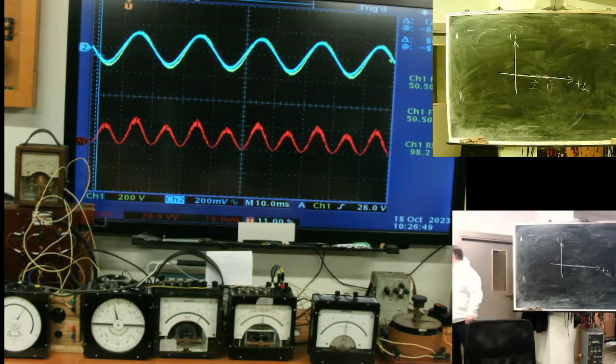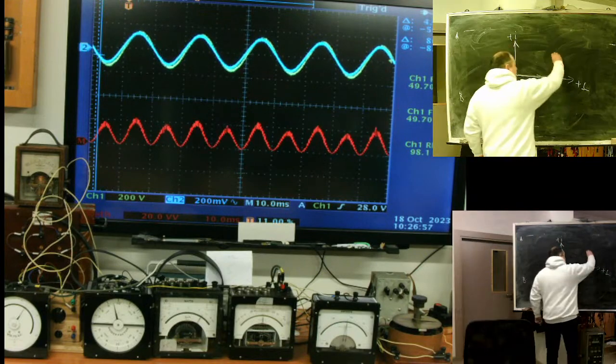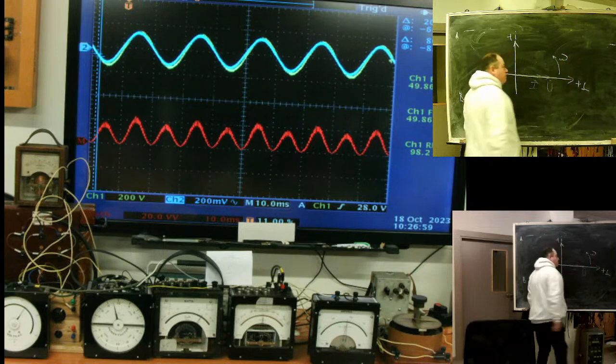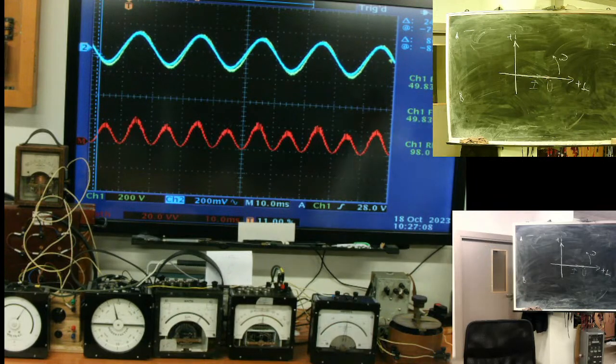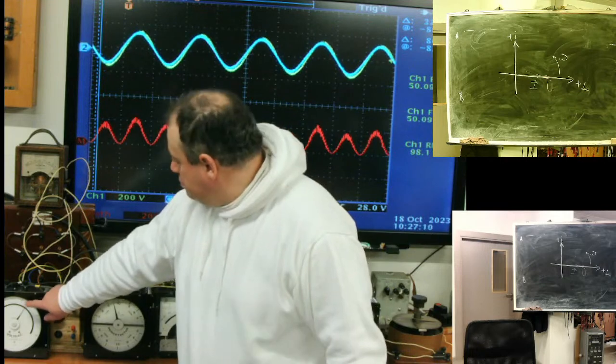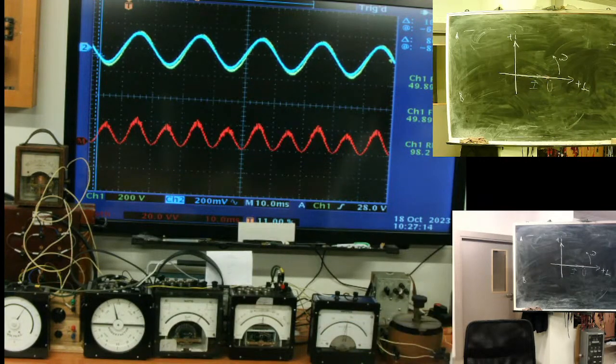This pair of sine can be the projection of these vectors onto the imaginary axis if we rotate them with the omega speed. Now, here is voltage, 100 volts, and here is current, 0.9 amps.